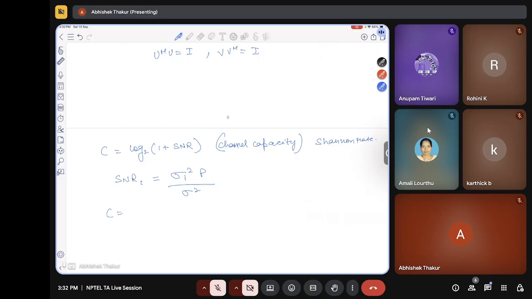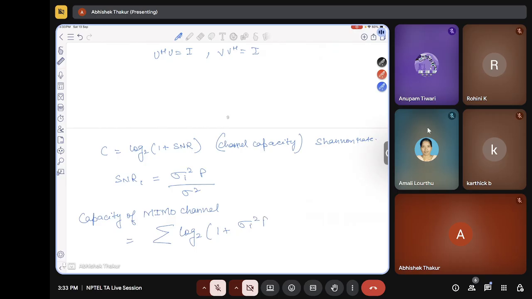So we can write C is equal to the capacity of the MIMO channel, the sum of log to the base 2 of 1 plus SNR.